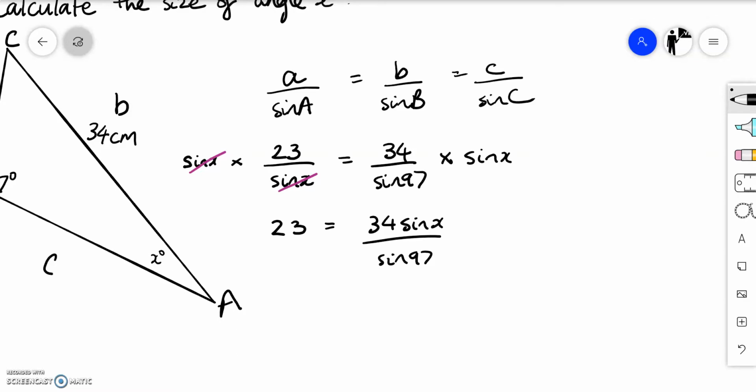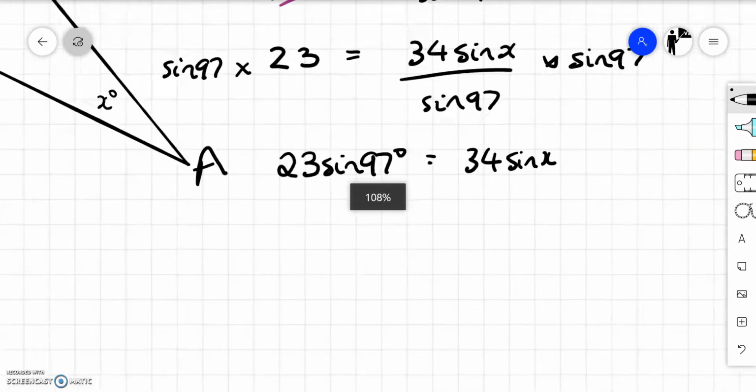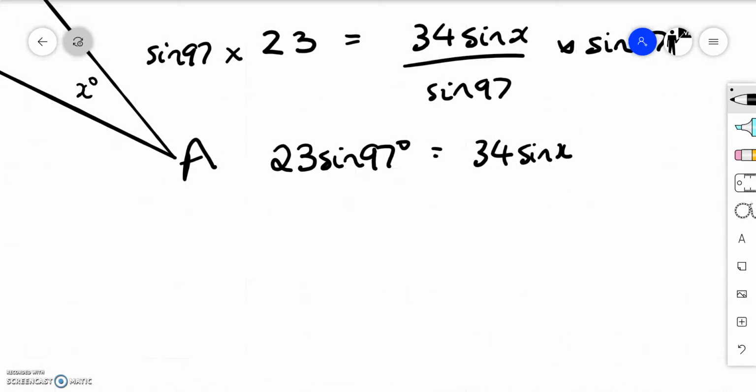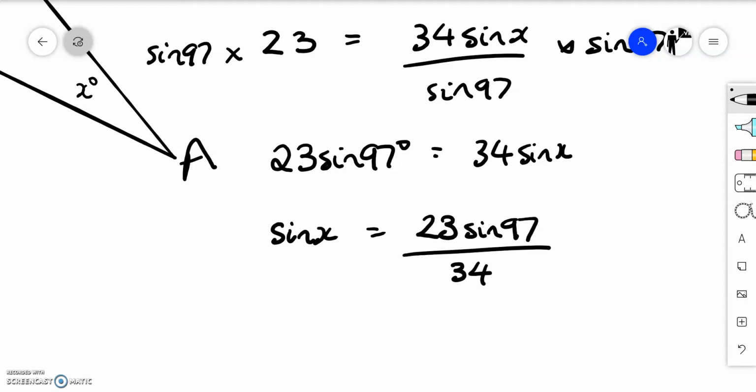We want to get sine x, so we're going to multiply both sides by sine 97. So we're going to have 23 sine 97 is equal to 34 sine x. We want sine x on its own. It's being multiplied by 34. We'll divide both sides by 34. So sine x is equal to 23 sine 97 over 34.